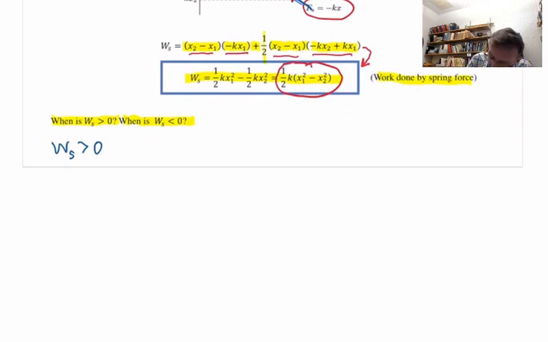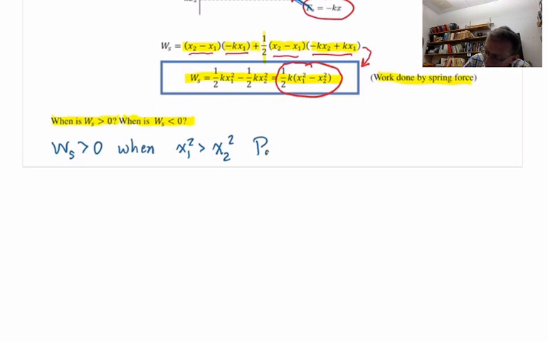So the way I know I'm going to have a positive value for work is if x1 squared is larger than x2 squared. Yes? Then the things in the parentheses, I'm taking the bigger number minus the smaller number, that's going to be positive. Now remember, x1 is the initial x, and x2 is the final x. So if x1 squared is larger than x2 squared, what does that mean physically has happened?